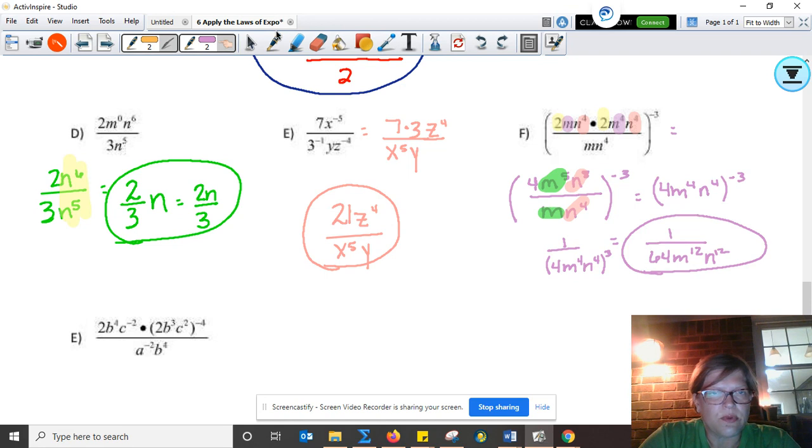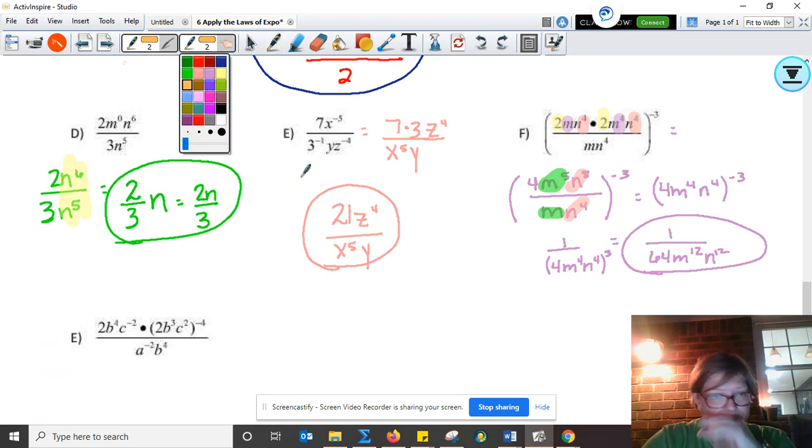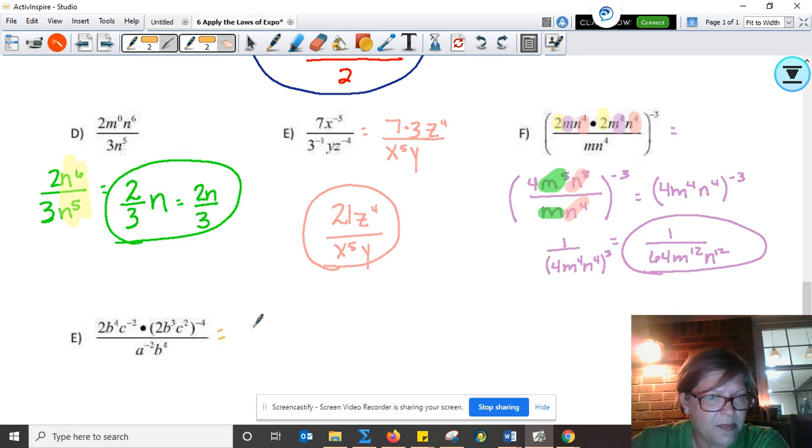Well, last example. It looks like a doozy. Let's do it. Well, first of all, we're going to need to get rid of this negative exponent. So I'm going to move it downstairs. I'm just going to rewrite it. If there's a negative exponent, I'm going to switch its location. So I know I'm going to have a big fraction. 2b to the 4th stays up top.